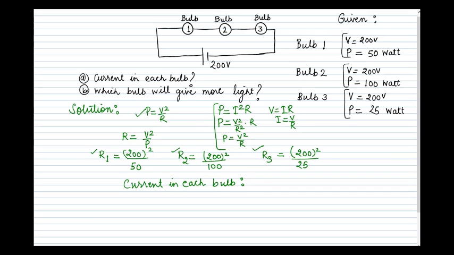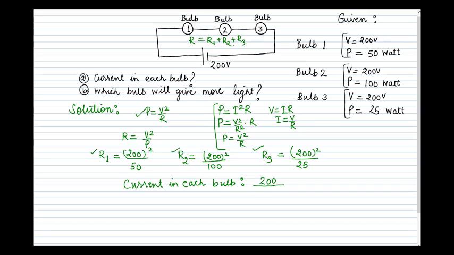See here, this is 200 volt that is given. So each bulb is having the voltage source of 200 volts. So write down 200 here. This 200 is because of the cell which is acting as a voltage source. And this is V upon R. R will be, because these 3 are in series, you see these 3 bulbs are in series, so their resistance will add up, because for the series combination, the total resistance R is equal to R1 plus R2 plus R3, because the 3 bulbs are in series.